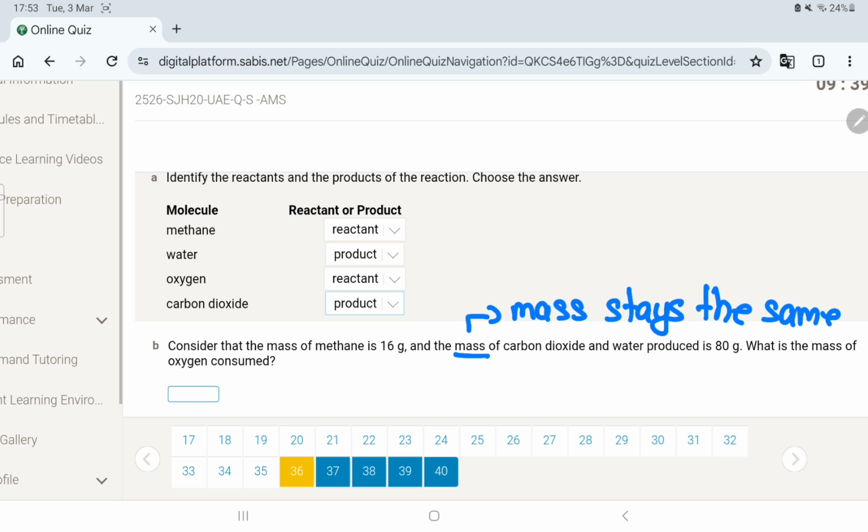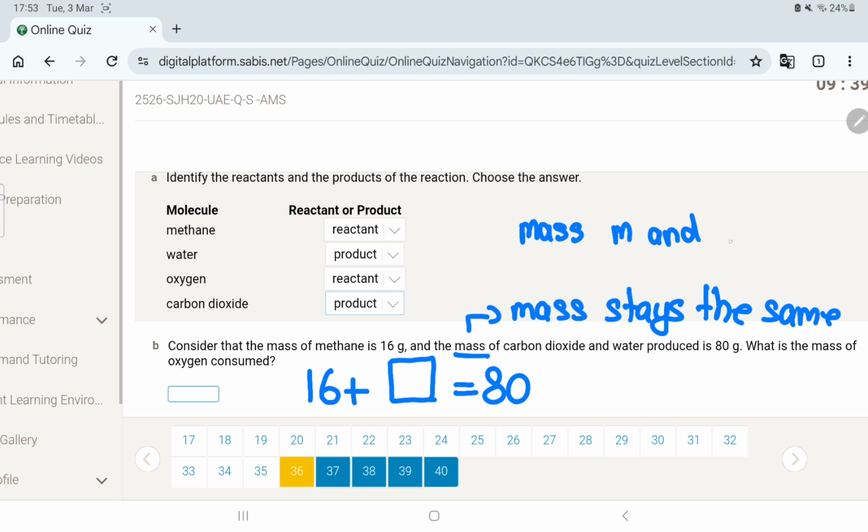Okay, so we have the methane, which is 16, plus the oxygen is equal to 80. In other words, we're saying that the mass of methane and oxygen is equal to the mass of carbon dioxide and water.